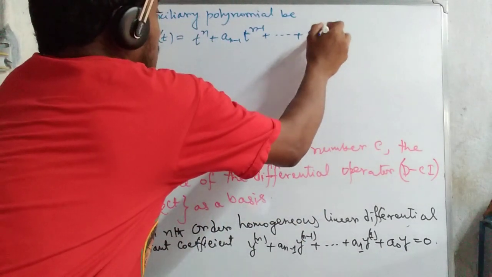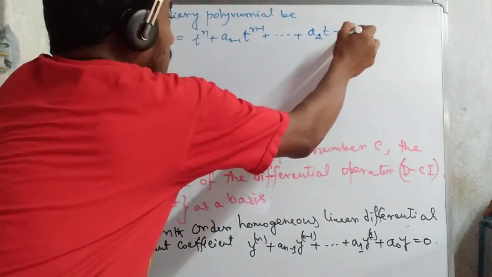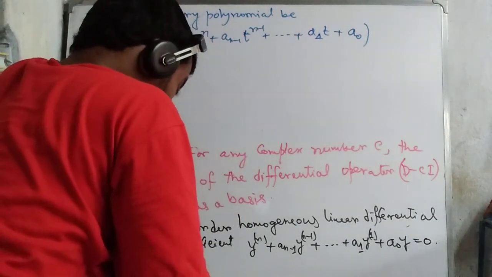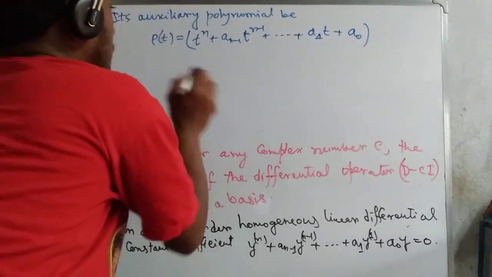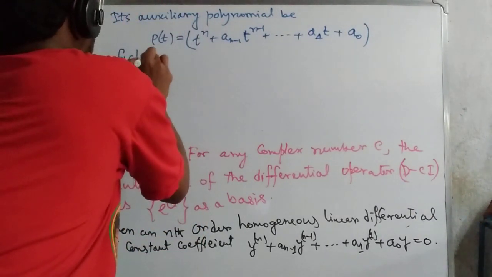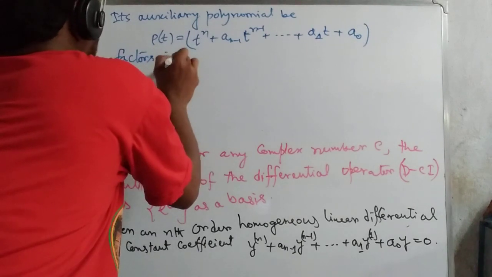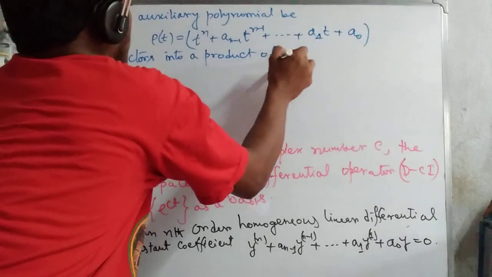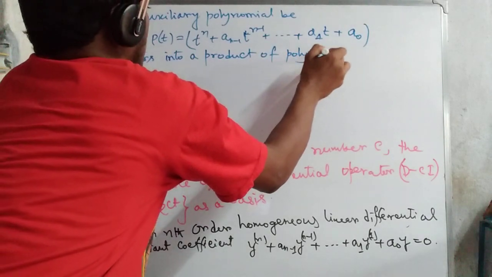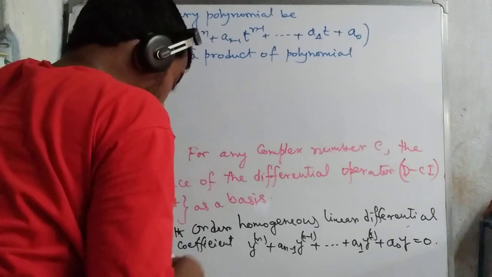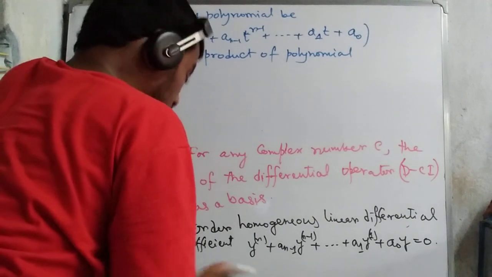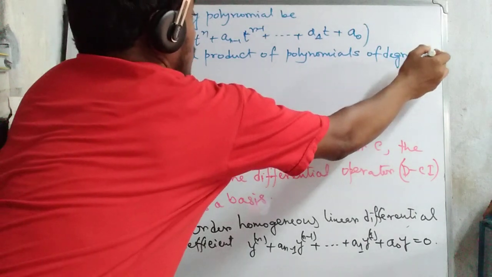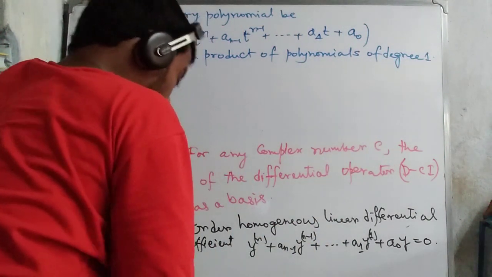a1 t plus a0. This is the auxiliary polynomial, and it factors into a product of polynomials of degree 1. Then what happened?